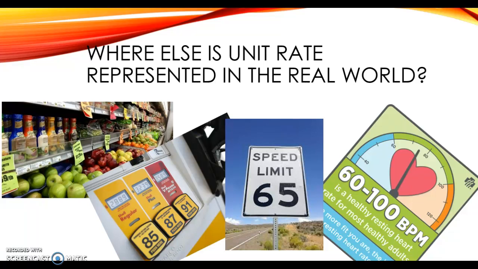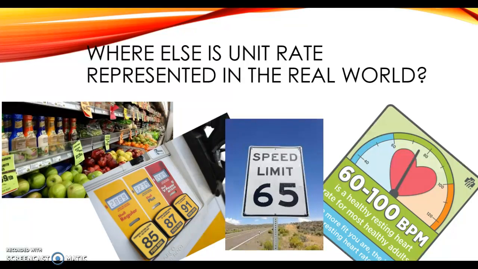So Usain Bolt racing in the Olympics is not the only place that you will see unit rates. You will see it in the grocery store. You may buy apples for $1.29 per pound. Okay, so that's money per weight, or price per weight. Okay, gas, it's $2.89 per gallon.